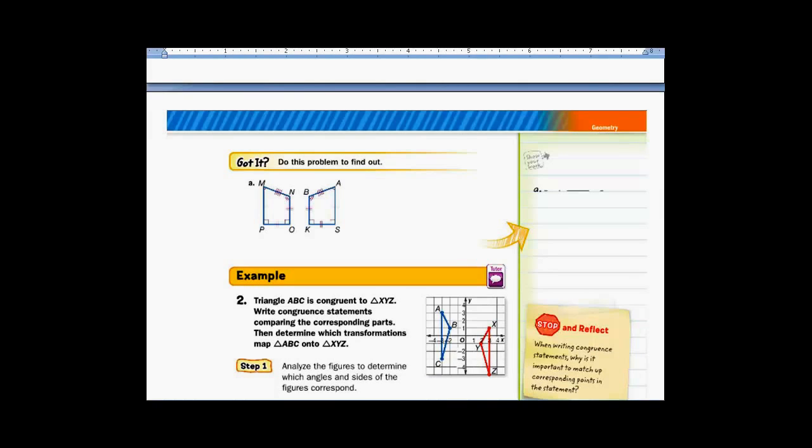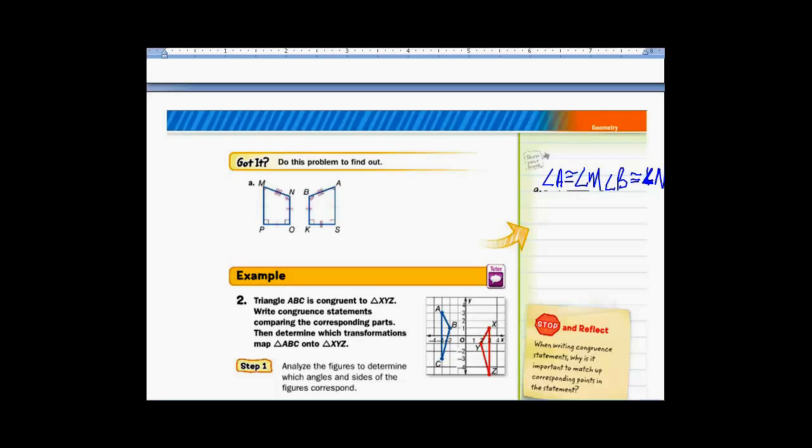Which ones match up? Let's do angles first. So we've got angle A congruent to angle M, angle B congruent to angle N. That's a poor, pitiful angle mark there.